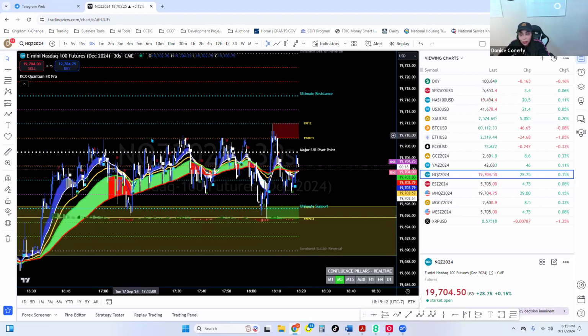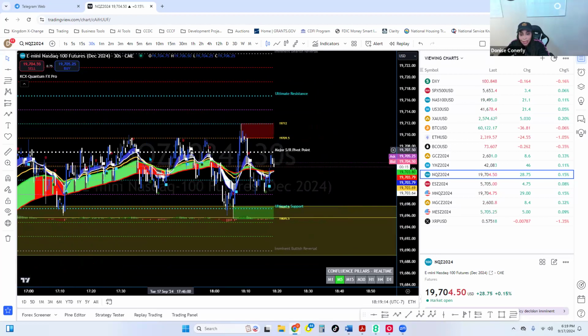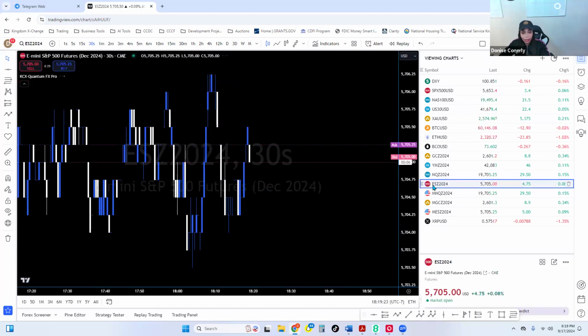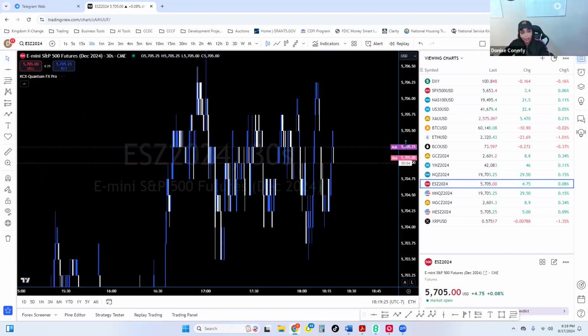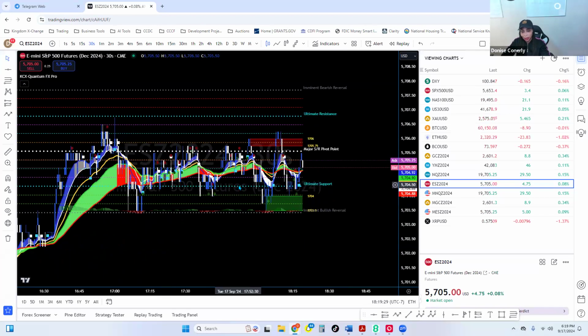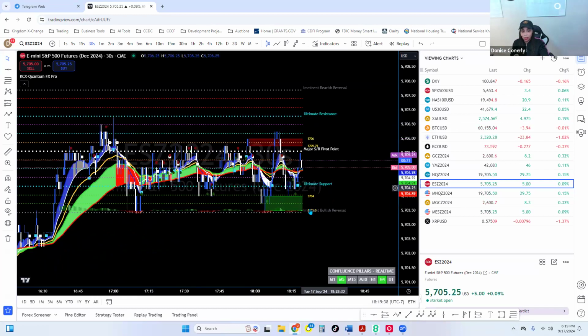So even without pulling the screen together, I know because the cloud is going sideways that the trend is going sideways, so they're not really doing anything. When it's a sideways trend, you can get caught up in some nasty stuff, so you want to make sure that it's trending. That's a very easy way to see that it's going back and forth, and you can see clearly where you need to go above or below in order to break out of that monotony.